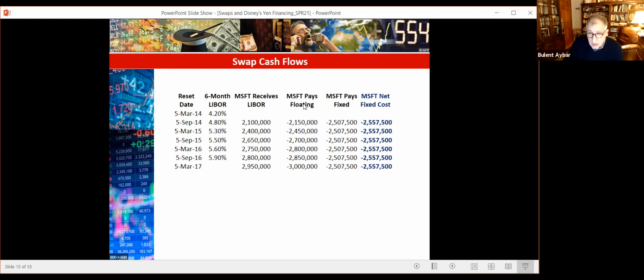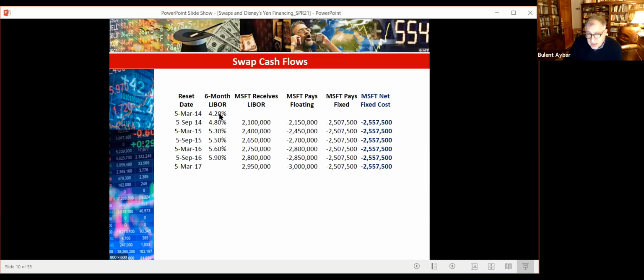Similarly, the floating payment that Microsoft is going to make on its original loan is also determined 6 months prior at the same date. And as a result, the LIBOR payments are going to wash in here. For instance, the next payment that is going to be made on March 15th is determined in September, which is 4.8%. And the actual payments are going to be on March 15th.